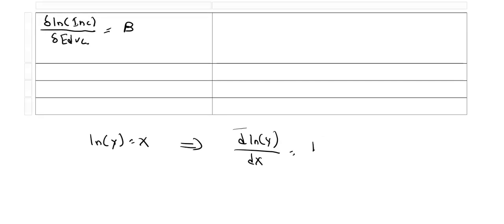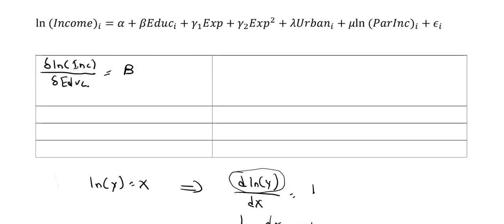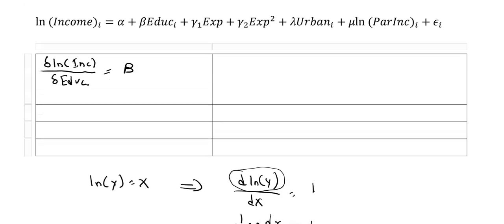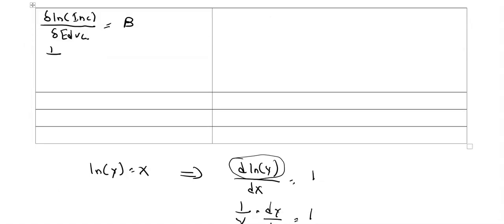This part we can break up into 1 over y dot dy over dx equals 1. So I can write 1 over income dot delta of income over delta education equals beta.